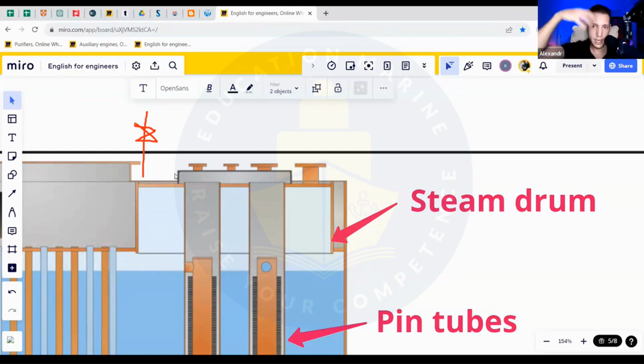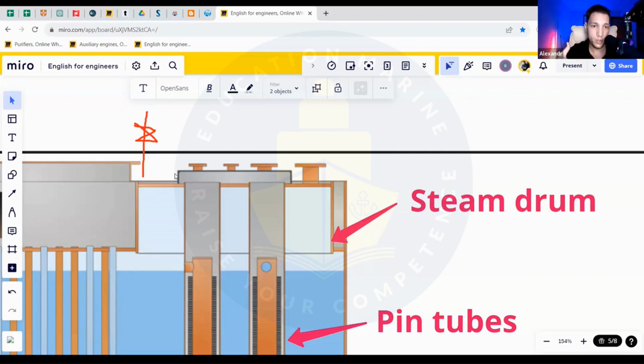Generally, at the top of the steam drum, you have this air valve. When you stop the boiler and the pressure goes below 1 bar, you open this valve. The same happens when you start the boiler.